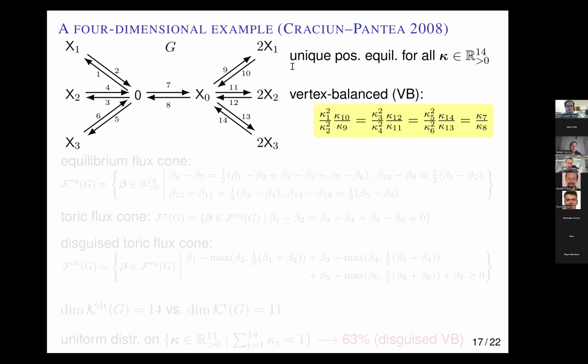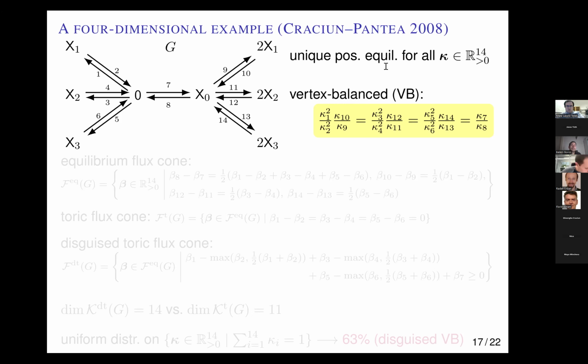Back then, George and Cassian argued that it has a unique positive equilibrium, no multiple positive equilibria for all rate constants, and they showed this by species reaction graph theory. On the other hand, the existence of positive equilibria we know because it's a reversible network. So we can conclude that there is a unique positive equilibrium for all rate constants.